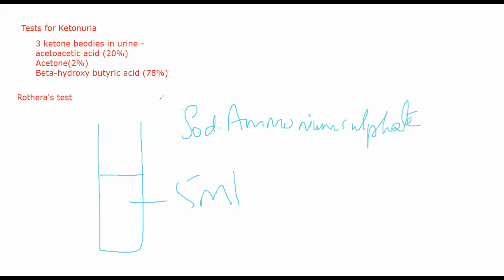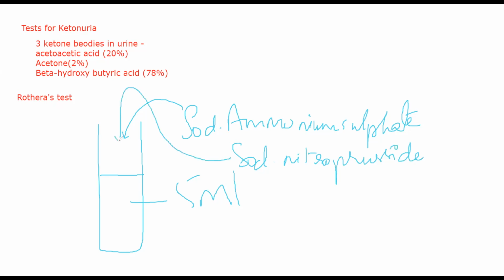You will add sodium ammonium sulfate into this solution and you will add a few crystals of sodium nitroprusside. ठीक है, ये दोनों ऐड करने के बाद you will shake the test tube.